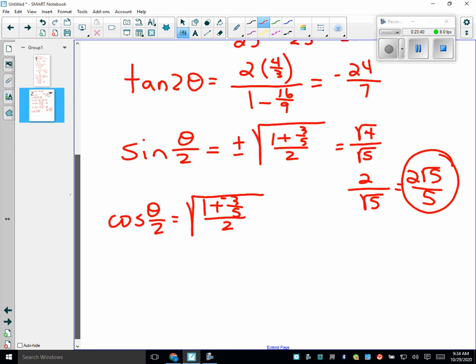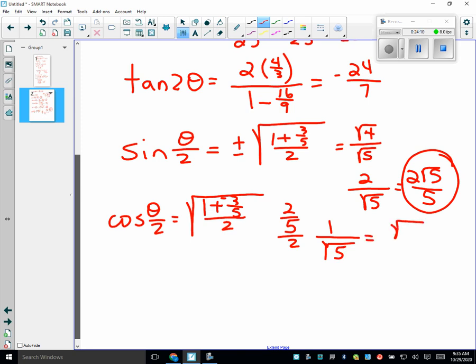It would be 5 minus 3. Is it 2/5 over 2? Yeah. Which would make it 2 over 10, which makes it 1/5, which is 1 over radical 10, isn't it? Because isn't it under a radical? Oh, wait, no. Radical 5. Y'all told me that was a 5, didn't you?